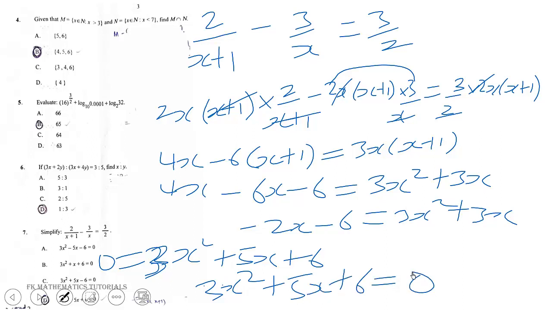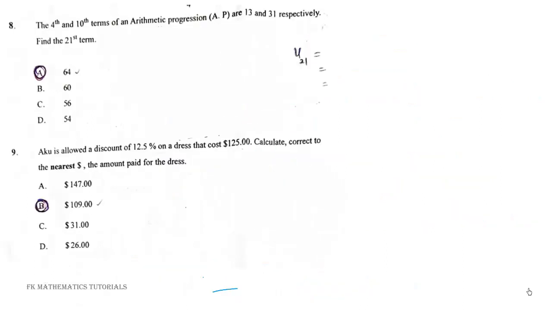So which is the last choice. Question number 8. We have the 4th and 10th terms of an arithmetic progression are 13 and 31 respectively. We have to find the 21st term. So we know the terms of an AP are in the form a, then a plus d, second term, third term a plus 2d, and so on and so forth.